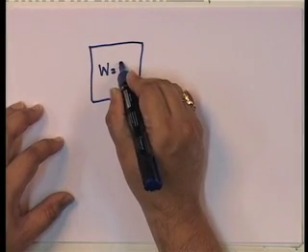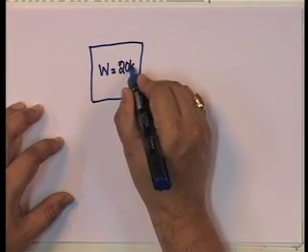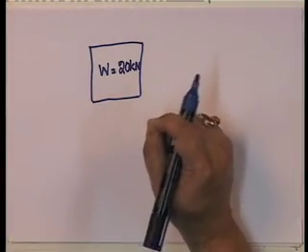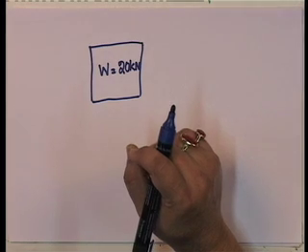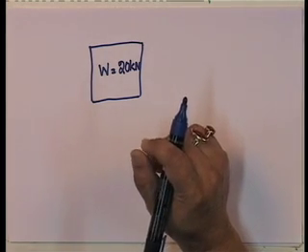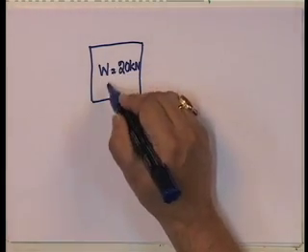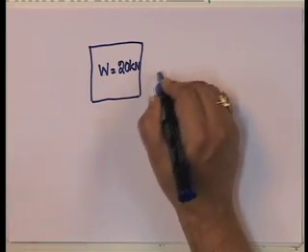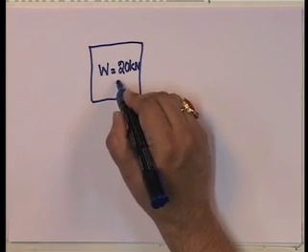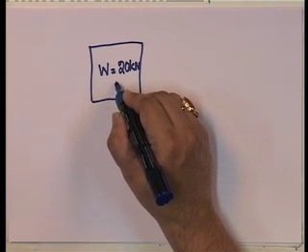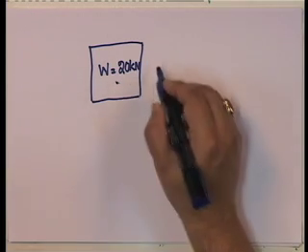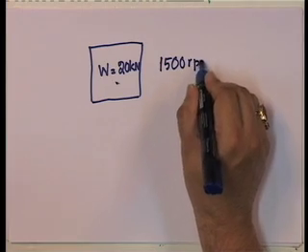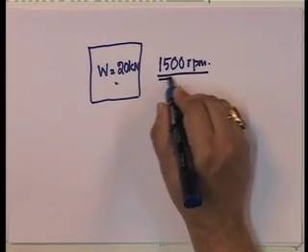So, let us say that weight is 20 kilonewtons, and the equipment is operating at 1500 revolutions per minute.